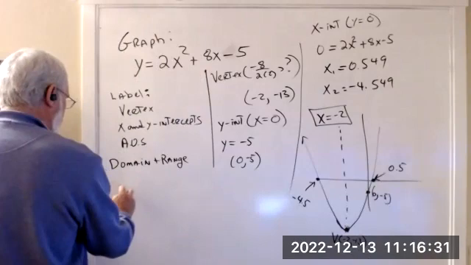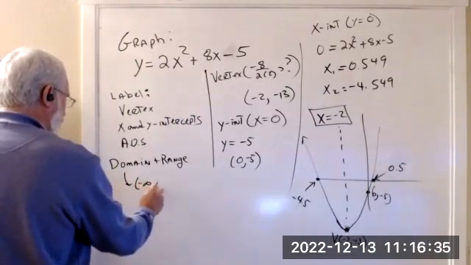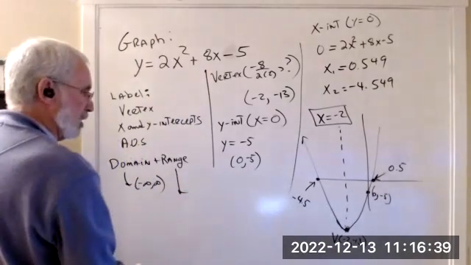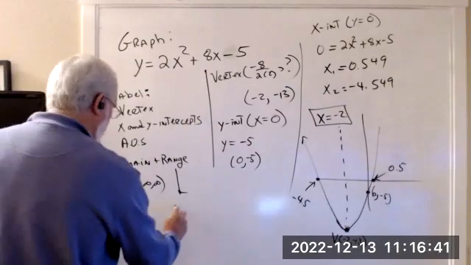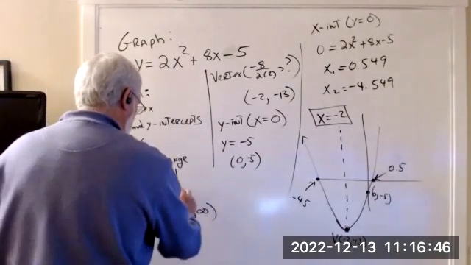The domain over here is negative infinity to positive infinity. The range is from negative 13 up, so bracket negative 13 to positive infinity.